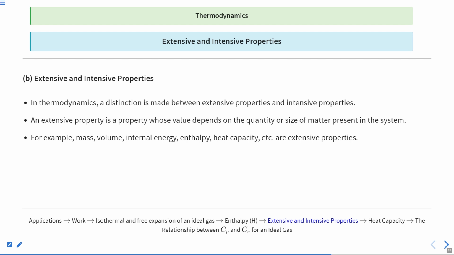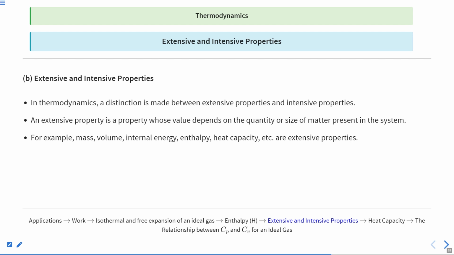Clear? Okay. Now talking about extensive and intensive properties. So what are intensive and extensive properties? Extensive properties are those which depend upon the number of moles or the amount of substance which you have taken. Suppose you have a container, and you measure the pressure inside it, and it comes out to be 1 bar.